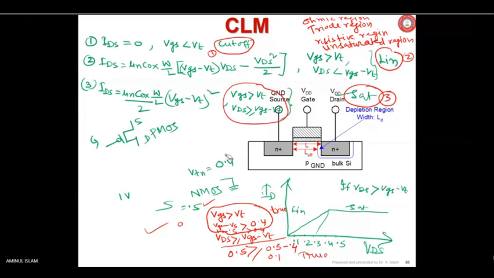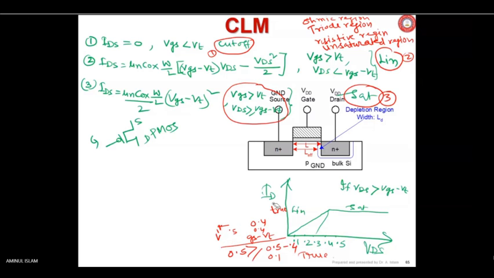I said that the conditions I have written for linear region, saturation region, cutoff region are for N MOSFET. So what will be the condition for P MOSFET?